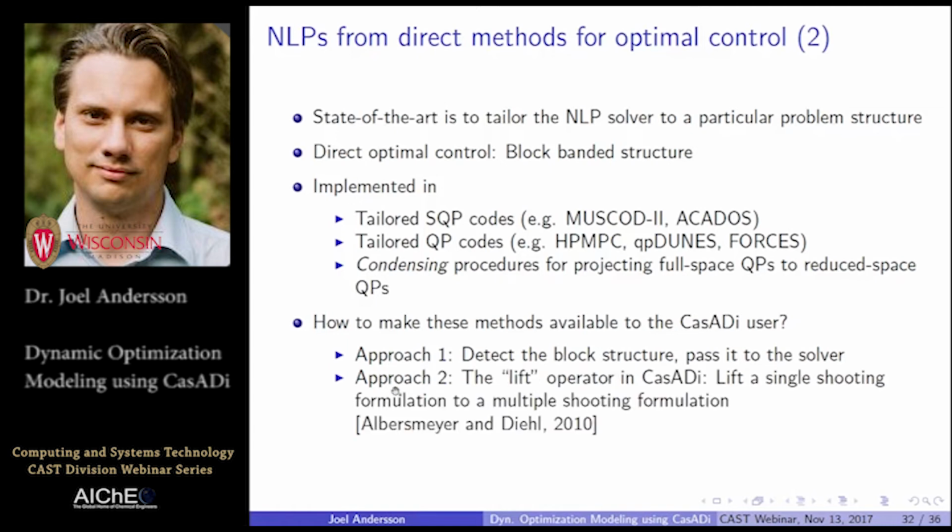And the second approach is by adding a so-called lift operator in CasADi, which allows you to instruct a symbolic framework to treat an intermediate operation as a variable, as a decision variable in an NLP algorithm.